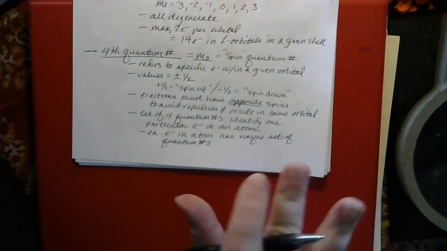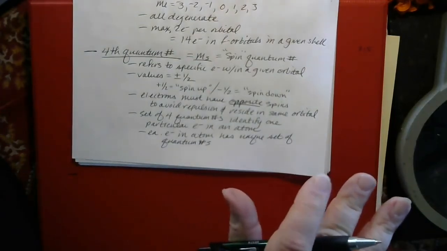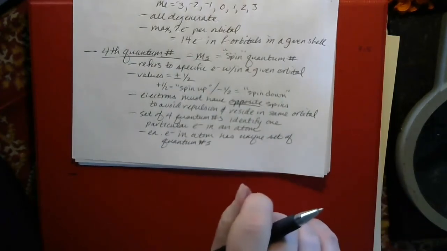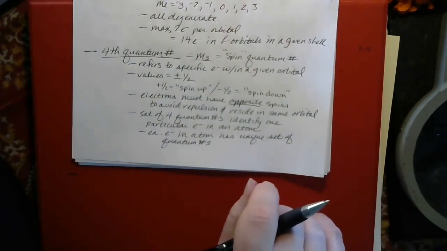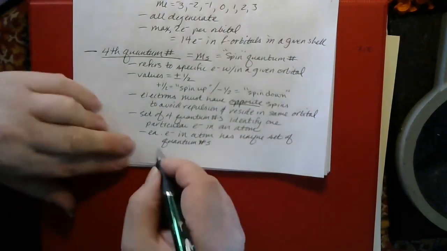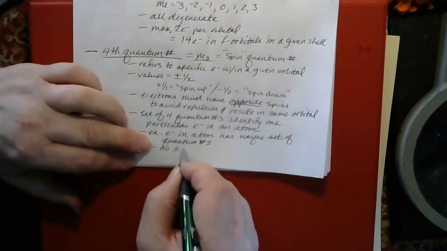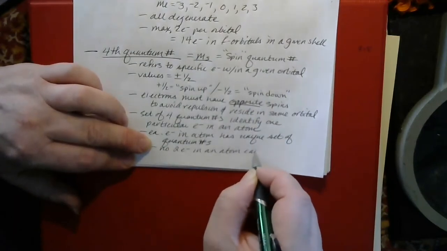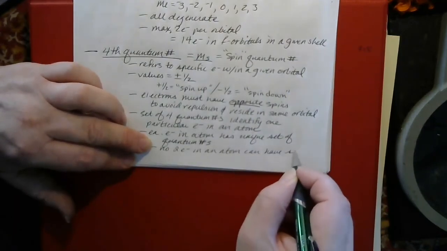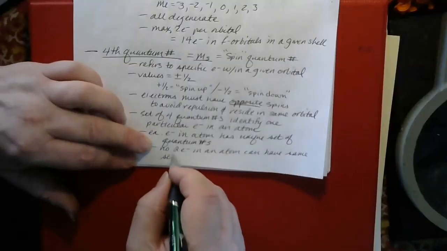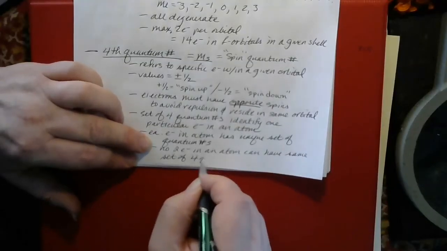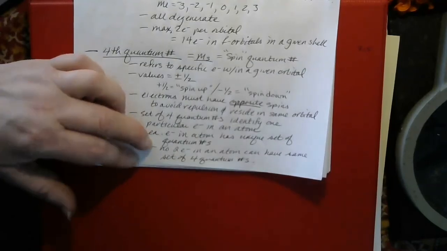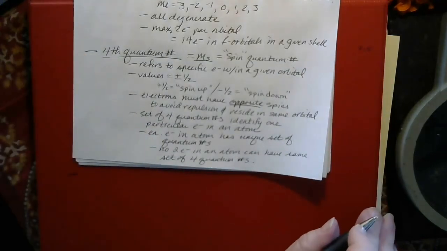You won't find any 2 electrons in an atom that have the same numbers for all 4 quantum numbers. At least one of them would have to be different.